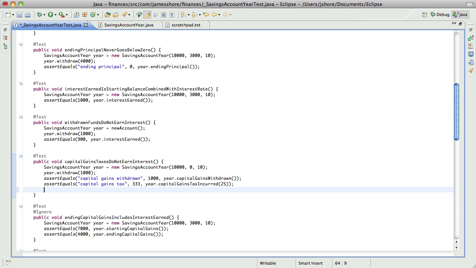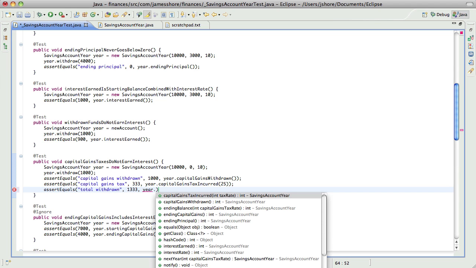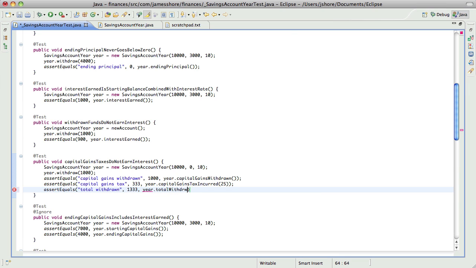And so the total withdrawn, which we actually haven't calculated yet, should be 1,333. Total withdrawn, including capital gains.